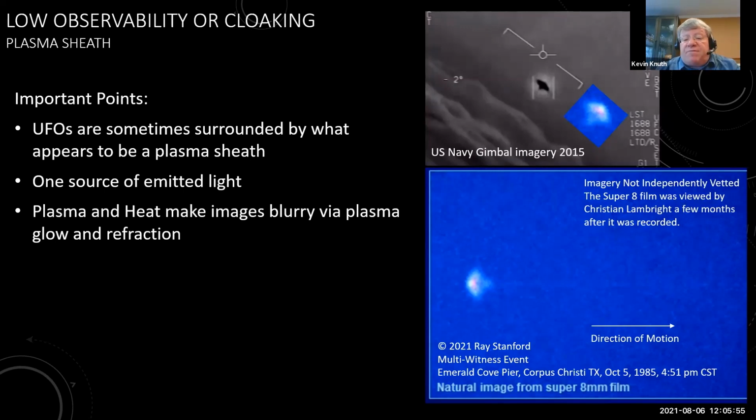So we found that this is really interesting, first because it demonstrates the plasma sheath. You can see this blue glow around the metallic object. The shape of the plasma sheath is interesting because it looks very similar to what you see in the Gimbal video. And one other feature here: if you look at the blue picture in the lower right, you'll see the cone-shaped object.